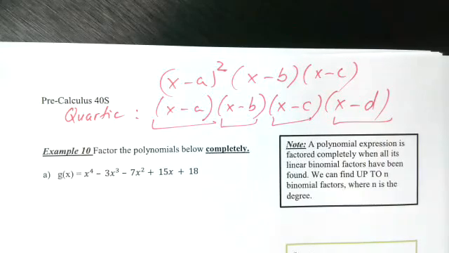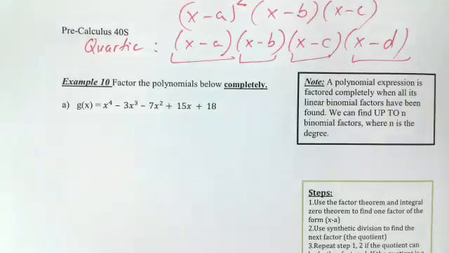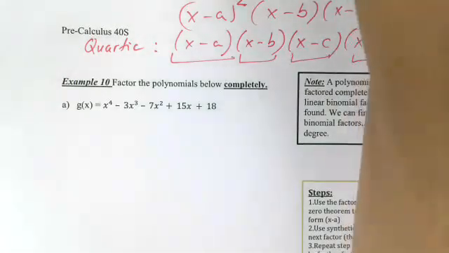So factor g of x equals x to the 4 minus 3x cubed minus 7x squared plus 15x plus 18 completely. And it's going to be about this on the page, so you see how to organize yourself, okay? And then for the next one, not so much. Yeah, this one is very long, okay?